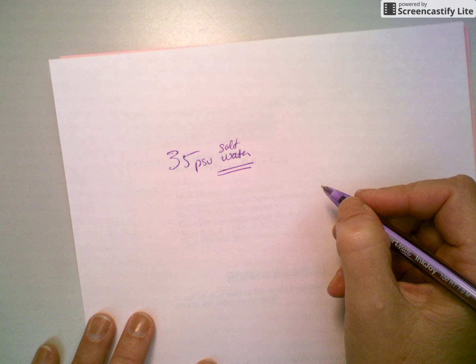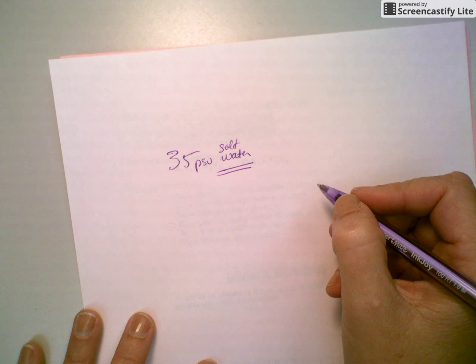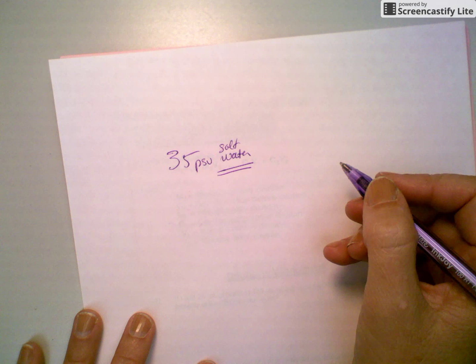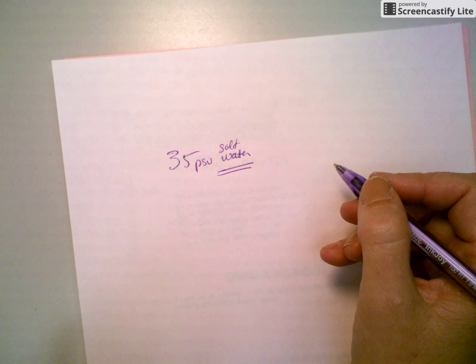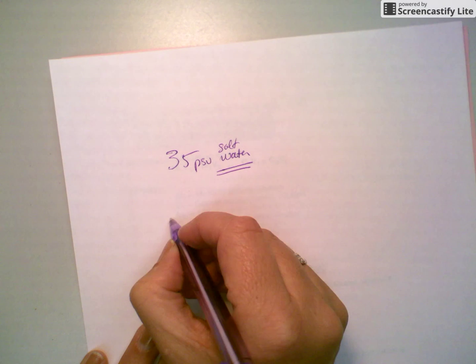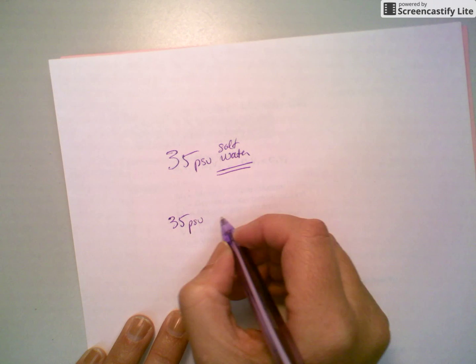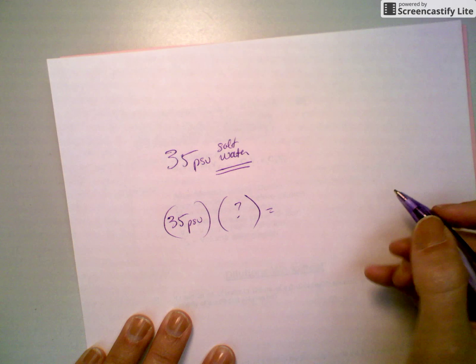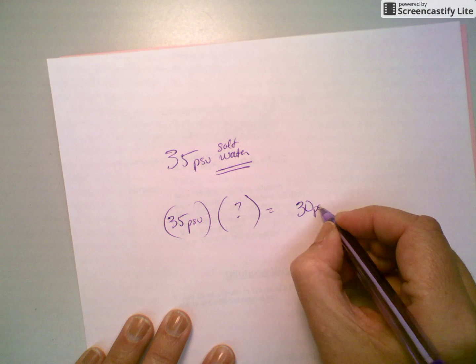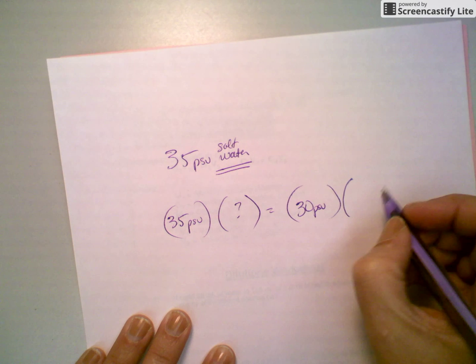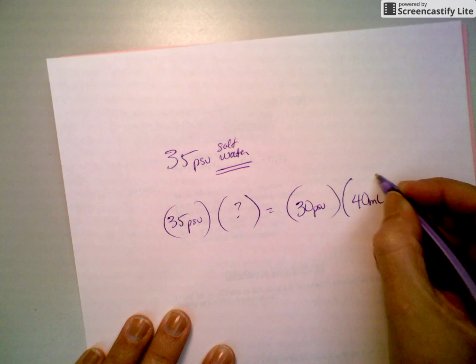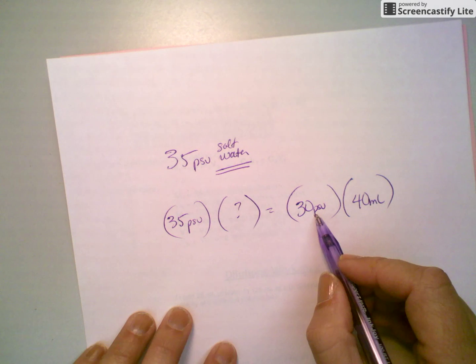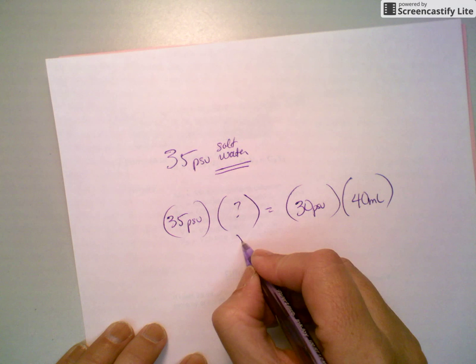And you want to test the brine shrimp and see if they can live in 30 PSU. So we start off with 35 PSU, and you need to know how much of this you need to make a 30 PSU sample that's 40 milliliters in volume. So again, this is going to be our X.